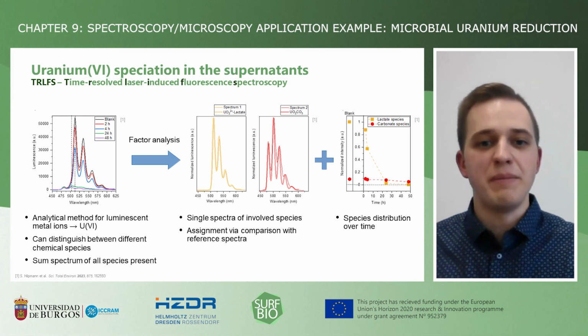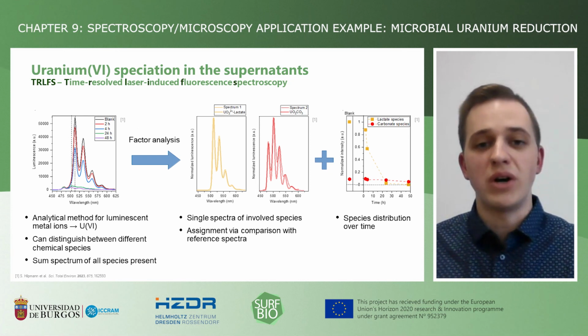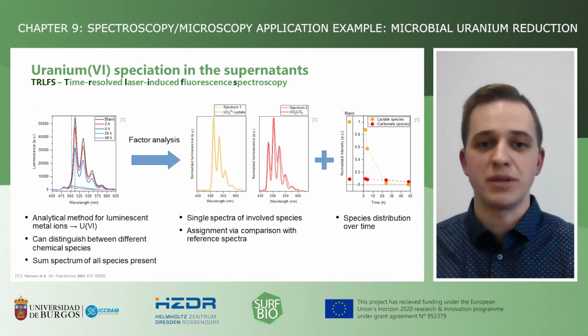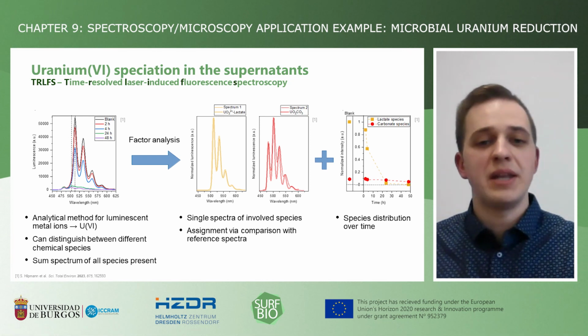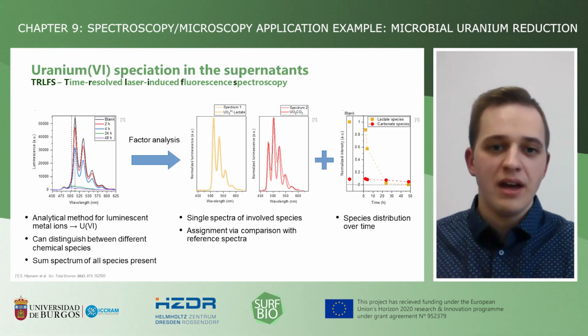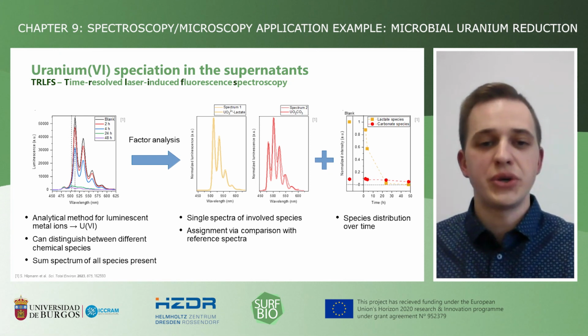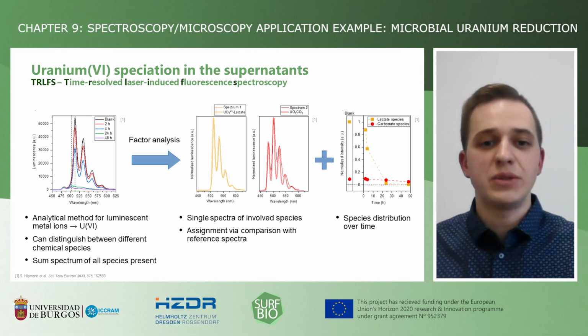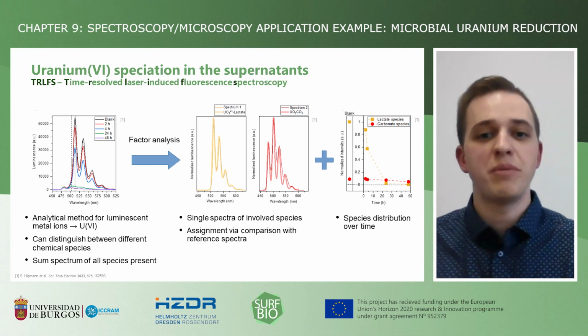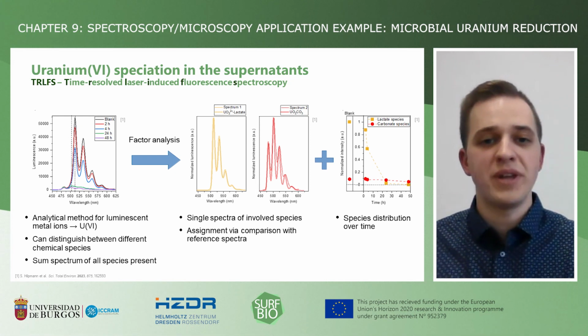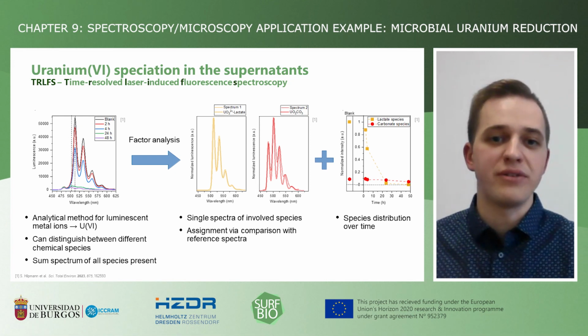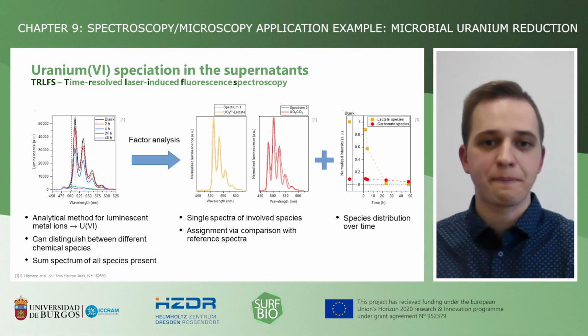The electrons of the metal ion can be excited from ground state to higher energy levels by energy supply. In the case of the laser spectroscopy, this is done by a laser beam. When the electrons are returning to the ground state, they are emitting light, which can then be detected as a sum spectrum of all species present. For uranium-6, you obtain this spectrum with the 5 maxima.